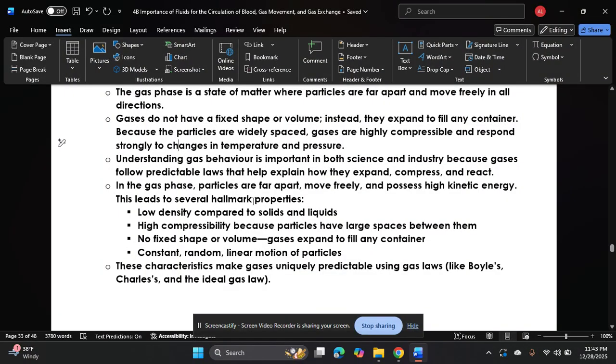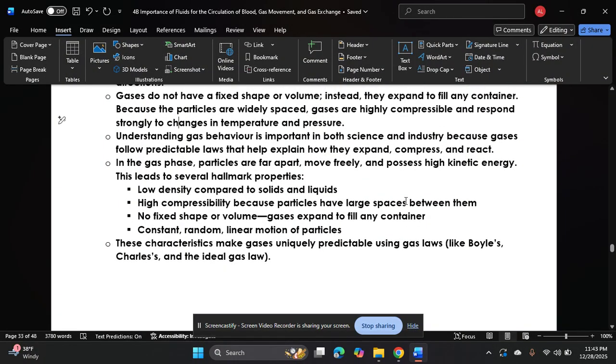This leads to several hallmark properties: low density compared to solids and liquids, high compressibility because particles have large spaces between them, no fixed shape or volume, gases expand to fill any container, and constant random linear motion of particles. These characteristics make gas uniquely predictable using gas laws like Boyle's, Charles's, and the ideal gas law.